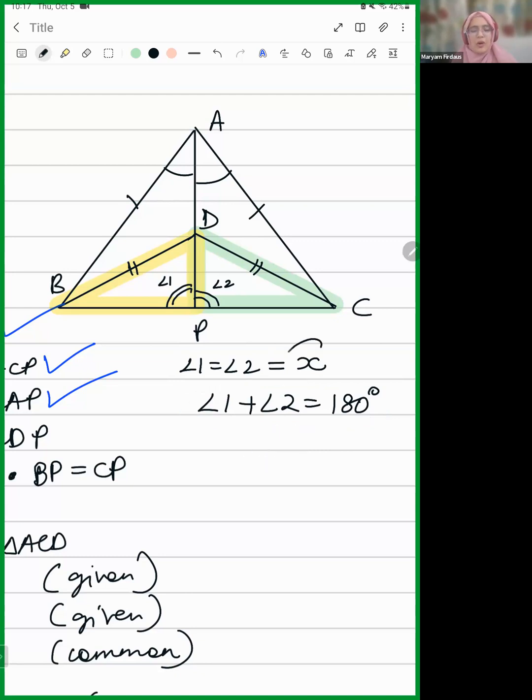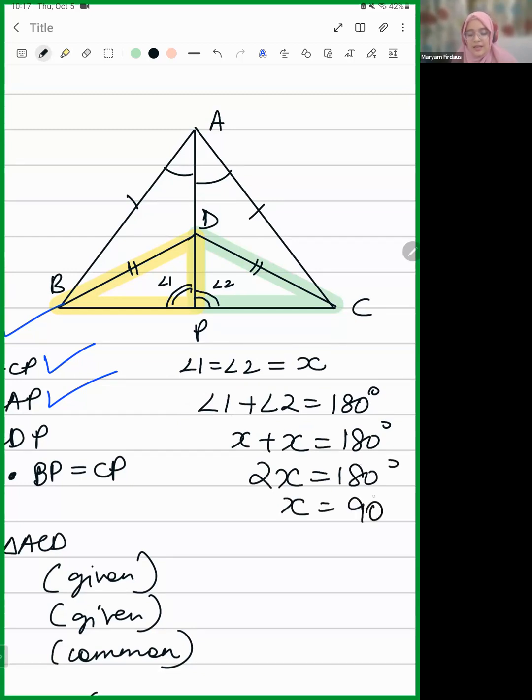So x plus x is 180. That means twice x is 180, so x is 90. Both of these angles are 90 degrees, and that means it is perpendicular.